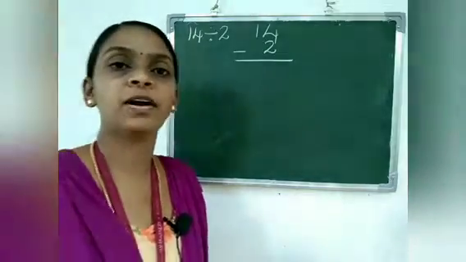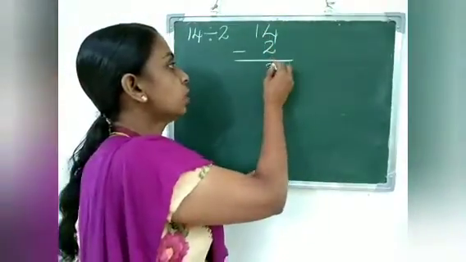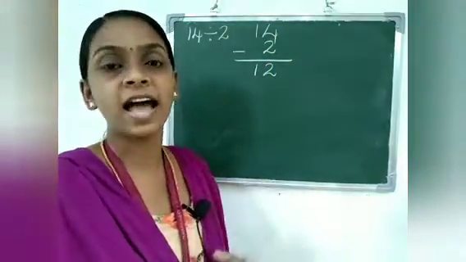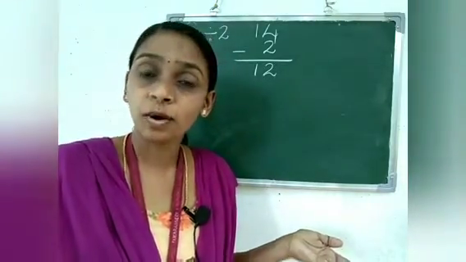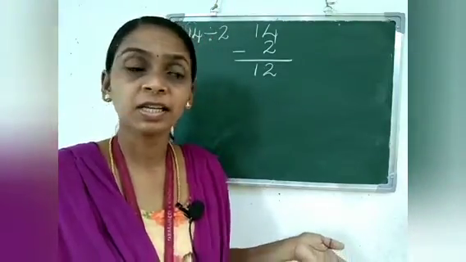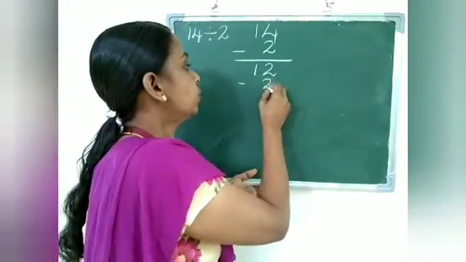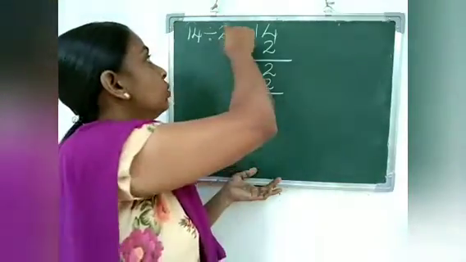Tell me all of you, what is 14 minus 2? Yes, 4 minus 2 is 2, and here we write 1. Then we got the answer 12. Then again we have to subtract this 2. 12 minus 2.